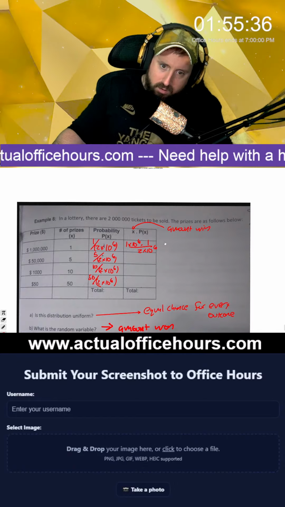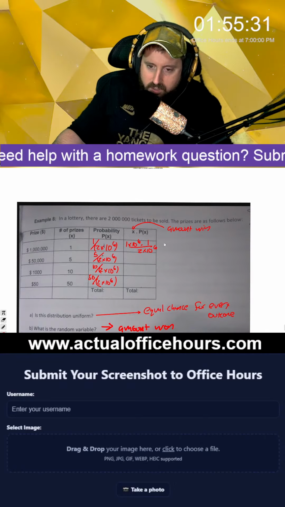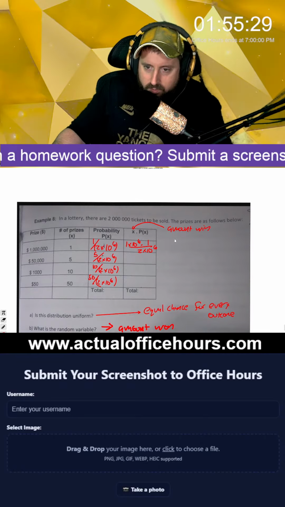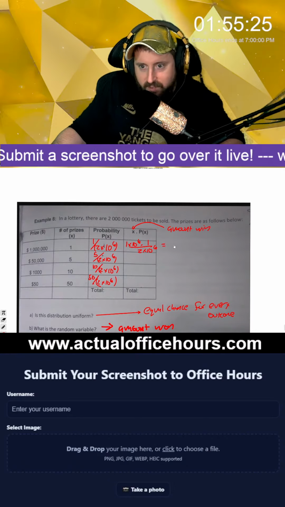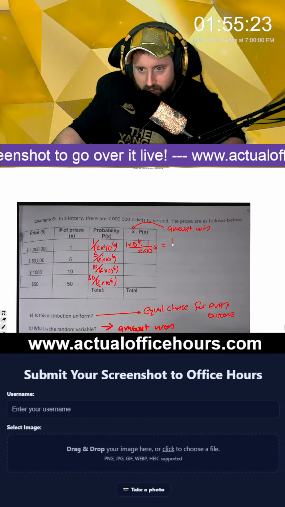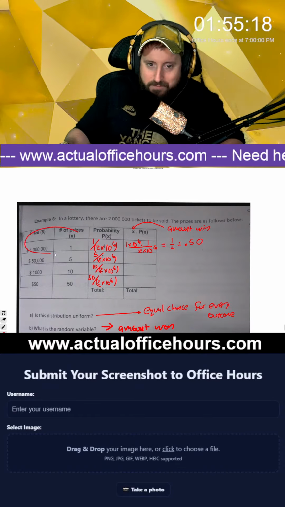I think I'm right? Yeah, wait, there's 2 million tickets. One of the prizes is $1 million. So that's 1/2 then, right? Yeah, it's just 1/2. That's 50 cents. Correct. So that's 1/2, which is equal to 50 cents.